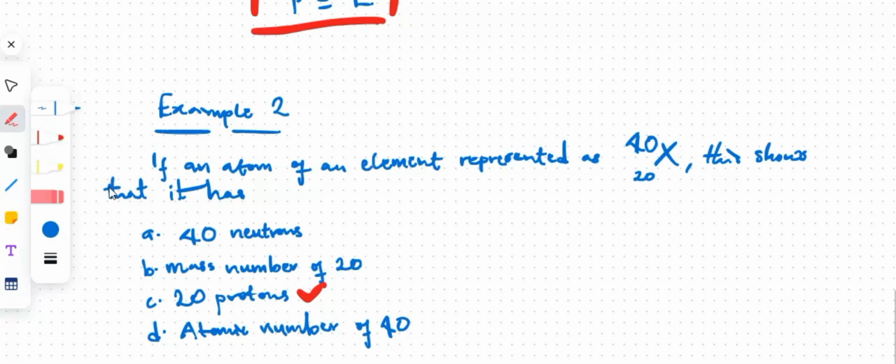So that way we know the answer already. It's as easy as that. Let's just find the number of protons. From here we know that the number of protons P is equal to 20. Then what will be your number of electrons? Now let's come back to this statement.